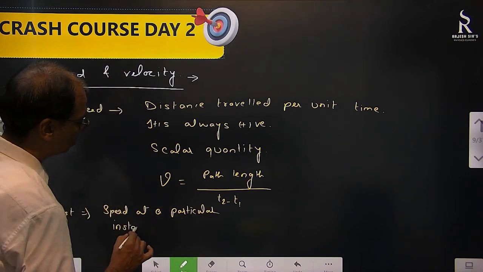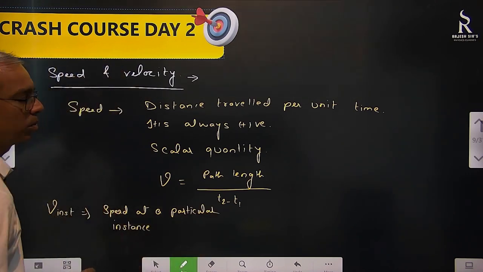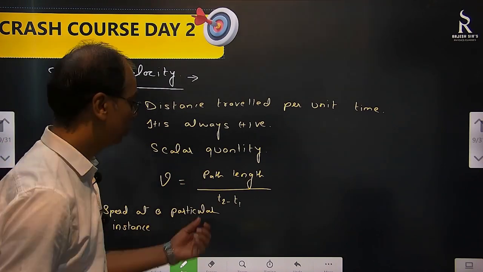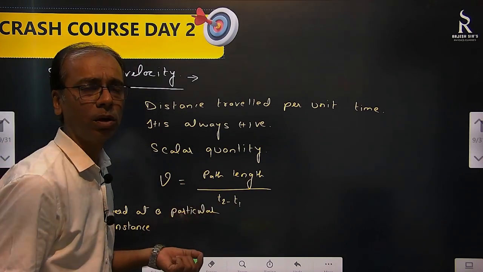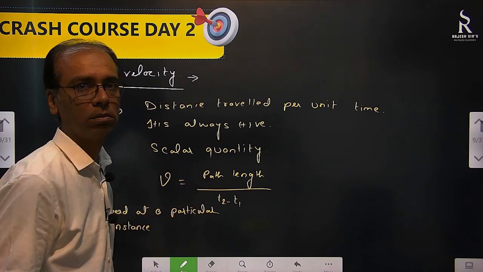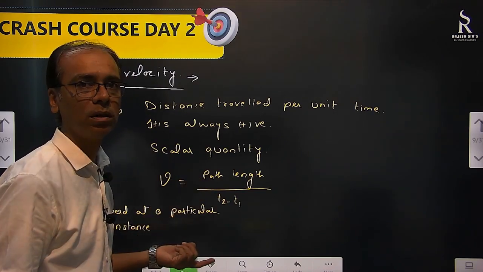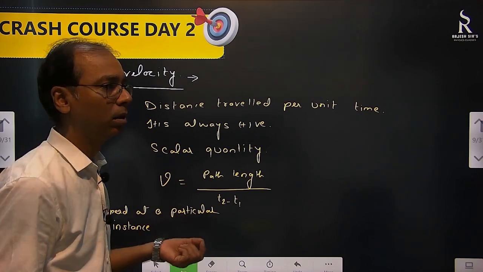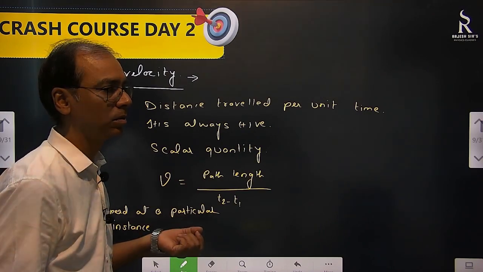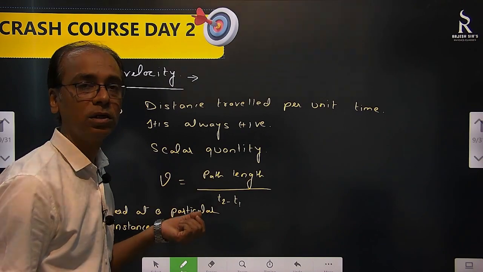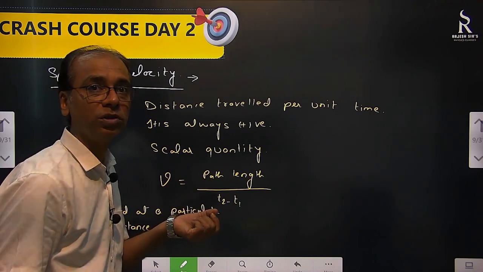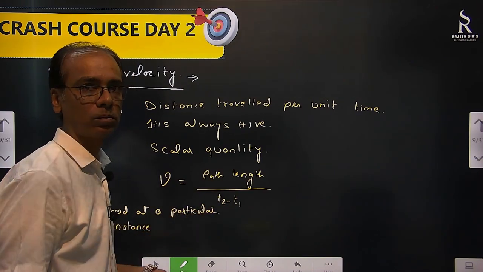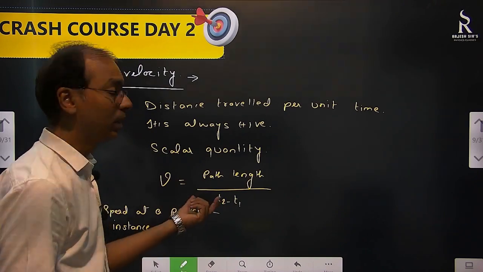It means this T2 minus T1 has become very, very small. Instant means, say, the fifth second. So what is T2 minus T1 in that? Very small. Maybe T1 is the fifth second and T2 is 5.0001, right? So delta T is very small.